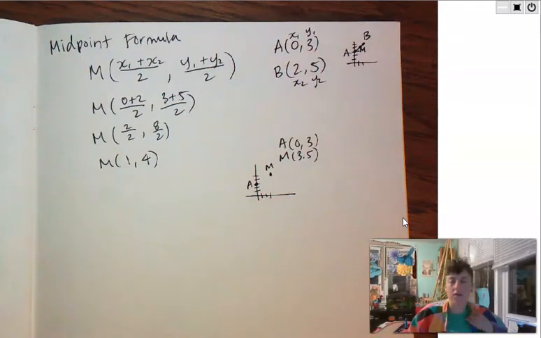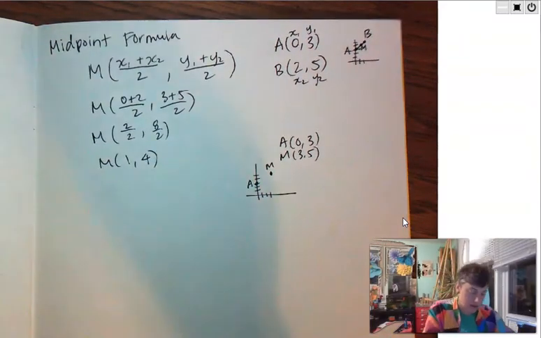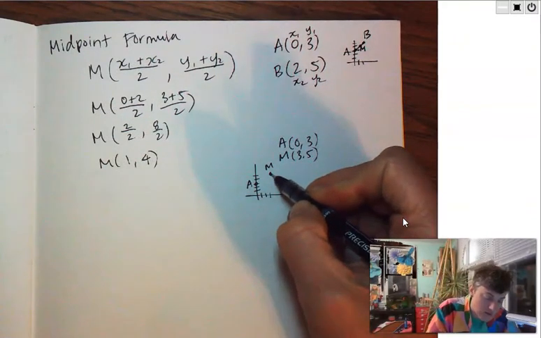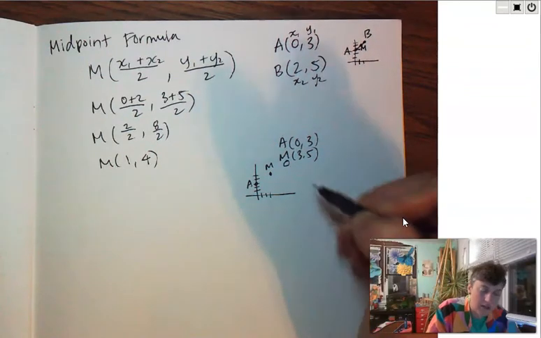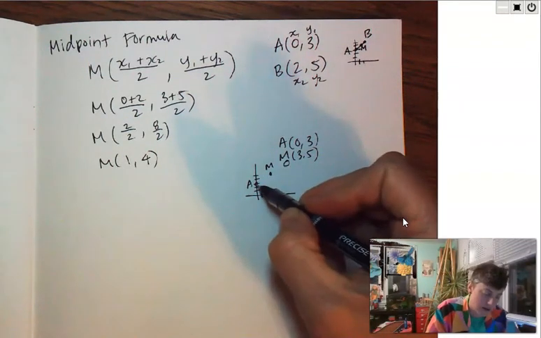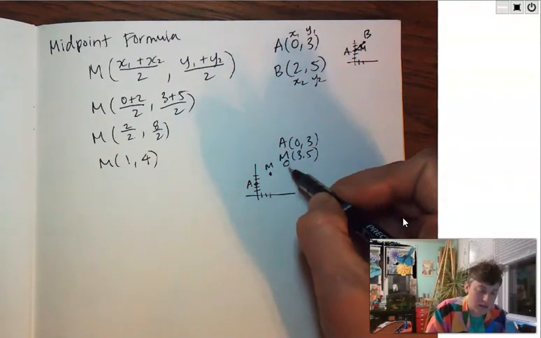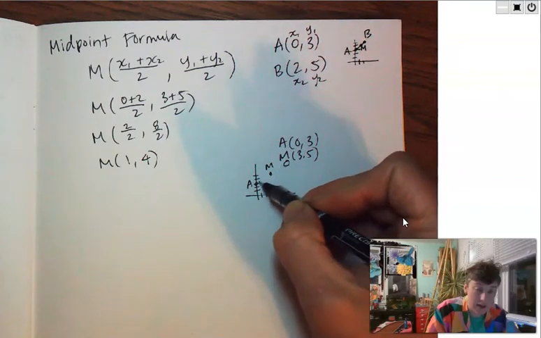And I want to find the other endpoint, B. So I know A, I know the midpoint. I want to find the other endpoint, which is going to be somewhere over here. A and M and the other endpoint, B, should be somewhere in that general area if M's in the middle of A and that other point.